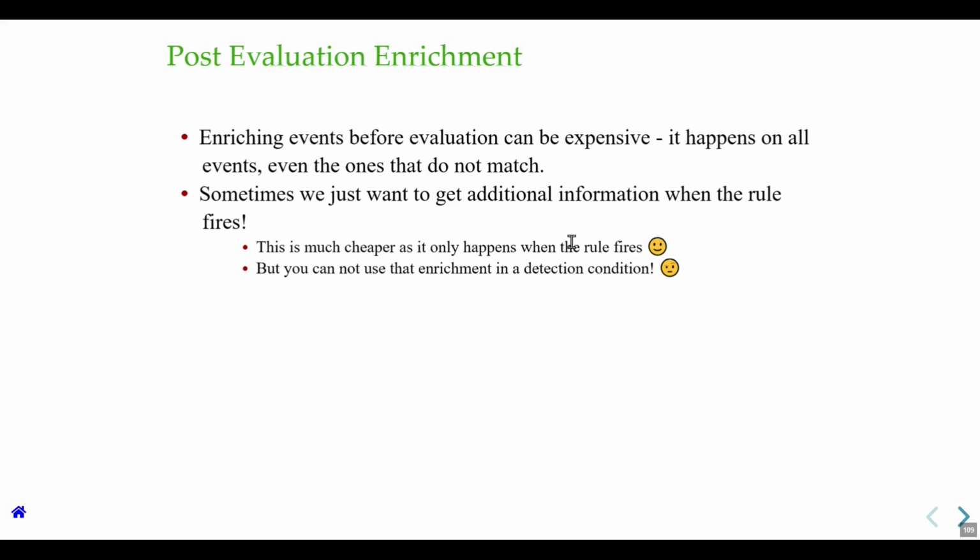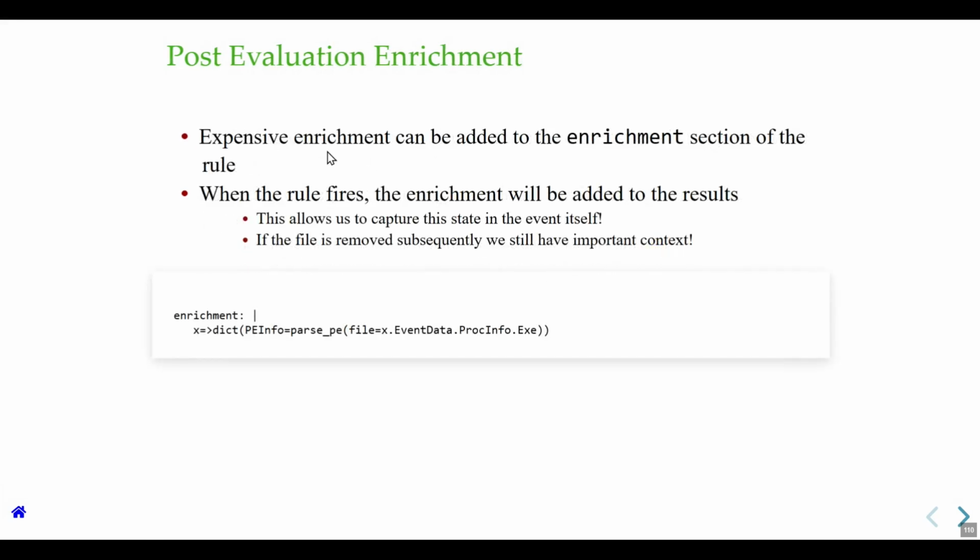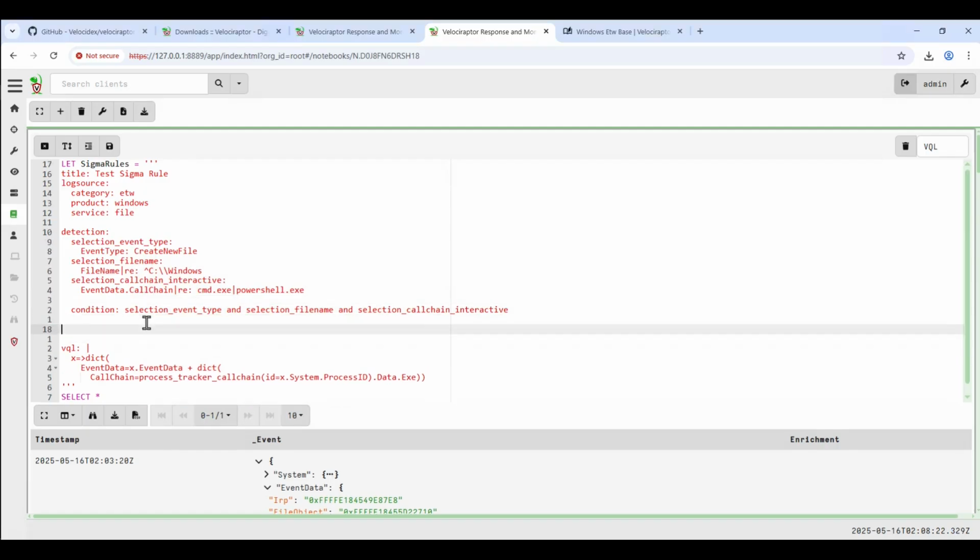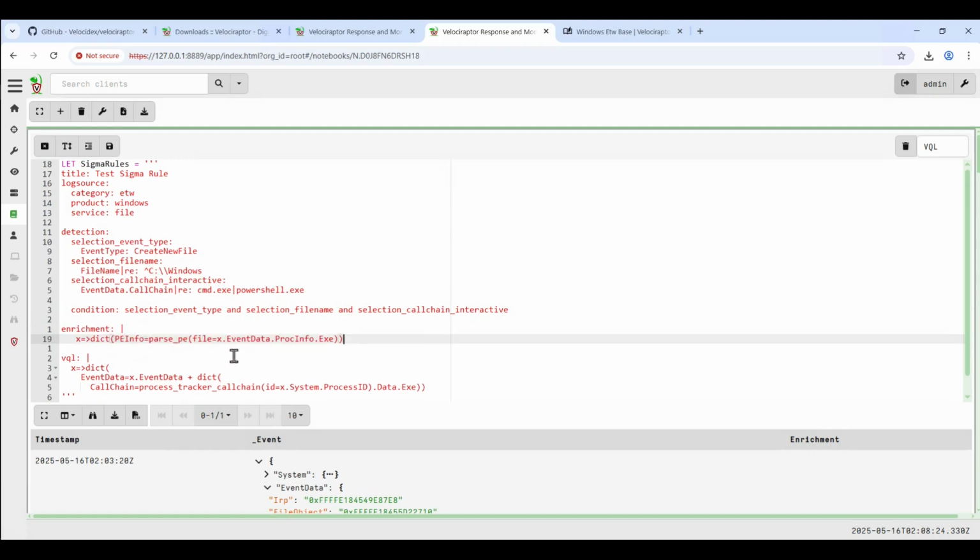As long as we can write our rule to be fairly targeted, then we can add the enrichment. So there are pros and cons here, right? So for post-evaluation, in this case, we're going to add some post-evaluation data here, and that happens after the rule matched. So let's do that. We can leave that the same, that's fine. And then we can add post-evaluation.